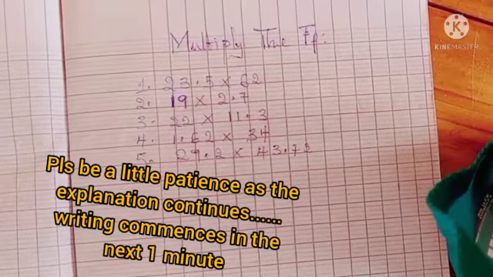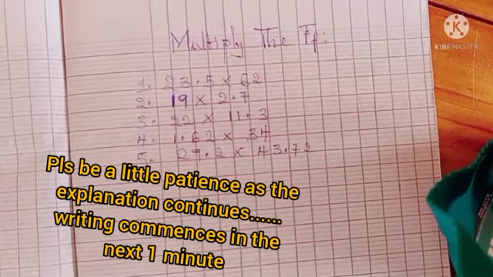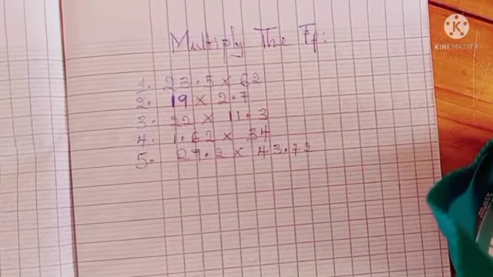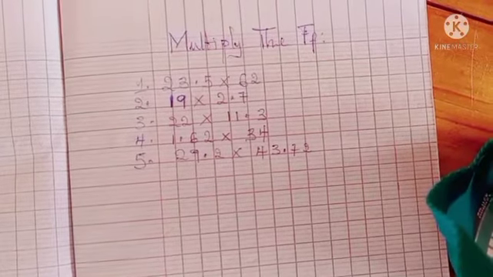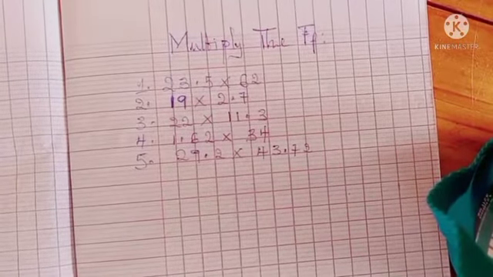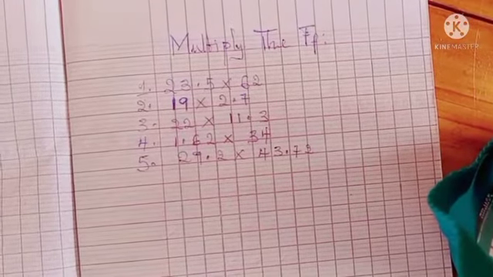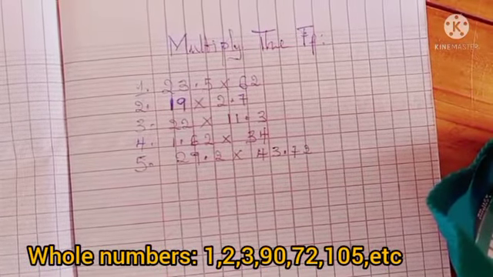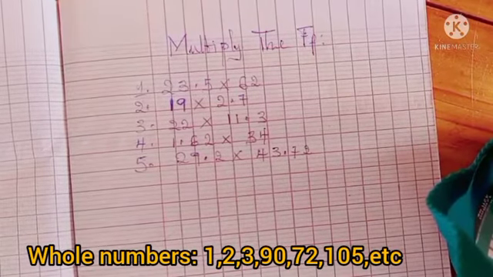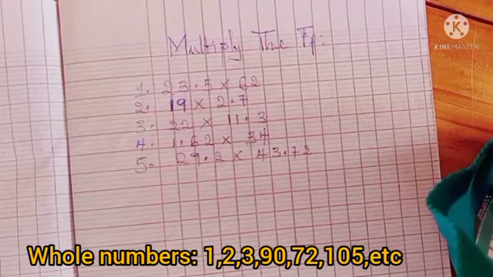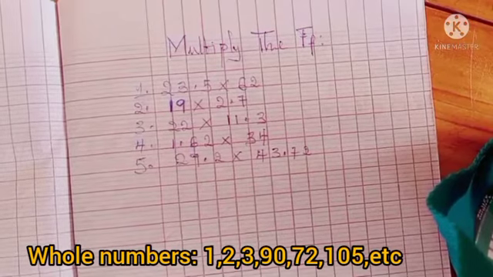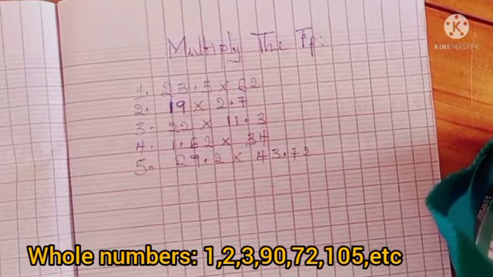Even negative numbers too: negative 2, negative 3, negative 5. Those numbers can never ever be counted as whole numbers. So 62 is a very good example of a whole number. But 23.5 is never a whole number because it has a decimal point there. So that's 23.5. Instead of calling it a whole number, please call it a decimal number.